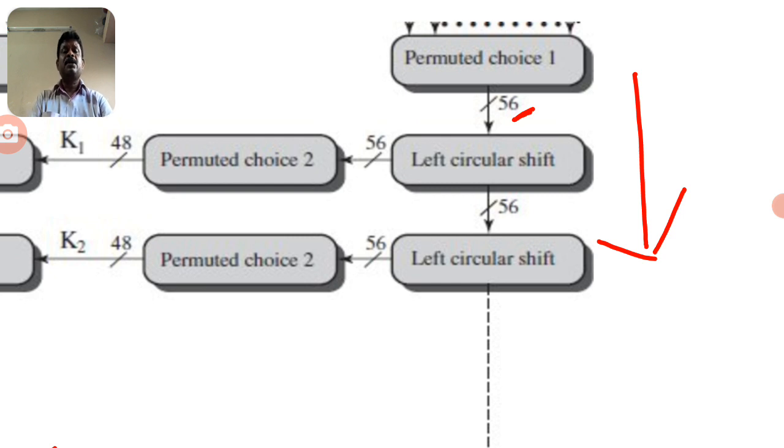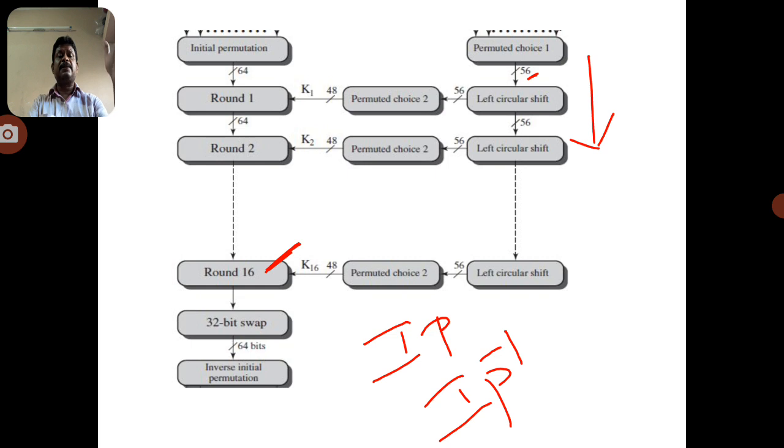That is, we arrange the 64 data into 8 by 8 order. That means 8 rows and 8 columns. So 64 bits are taken. The last column bits are deleted. That means the last column is deleted, 8 bits are deleted, and the remaining 56 bits are taken as an input key.